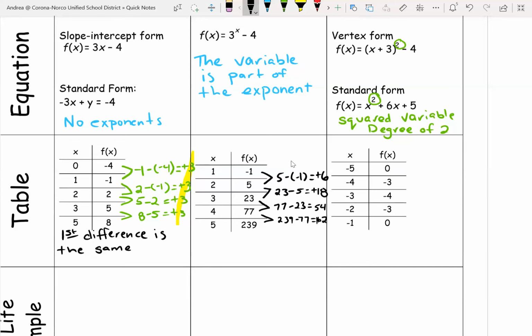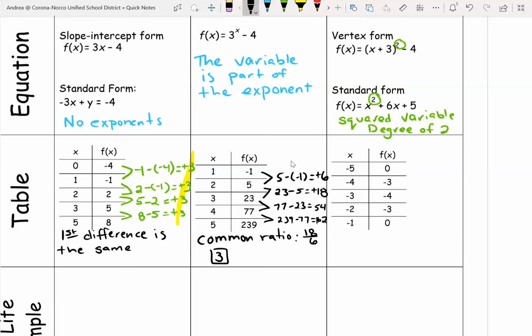Increasing very quickly tells me that this is going to be exponential, and you need to find what number you're multiplying by over and over again, which is called the common ratio. You just divide these two. 18 divided by 6 is 3.